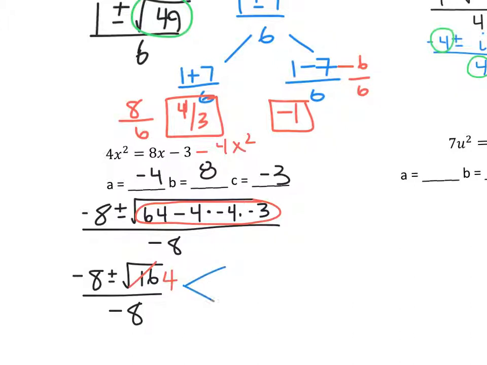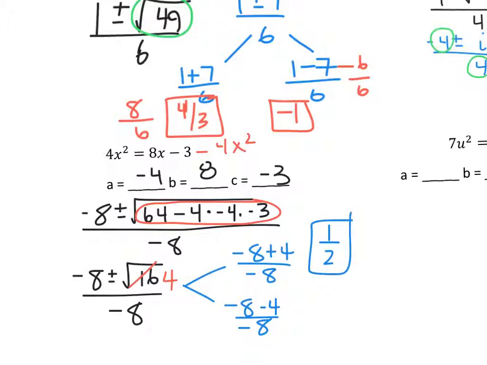So I'm going to have two solutions: negative 8 plus 4 divided by negative 8, and negative 8 minus 4 divided by negative 8. Negative 8 plus 4 divided by negative 8 is 1/2 or 0.5. And negative 8 minus 4 divided by negative 8 is 1.5.